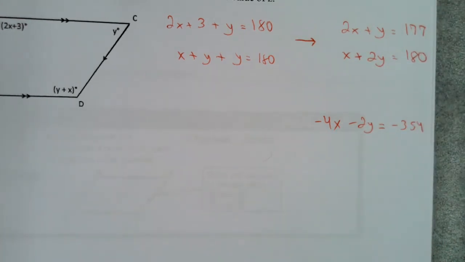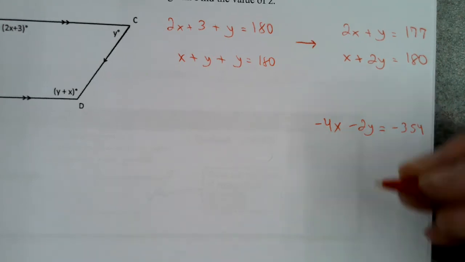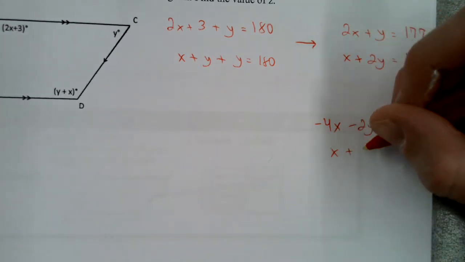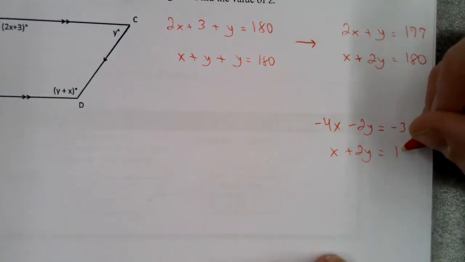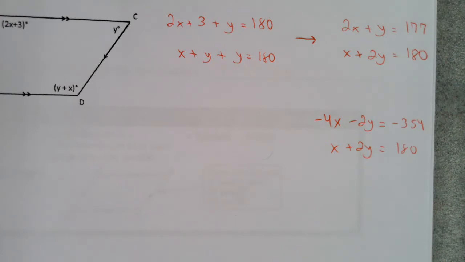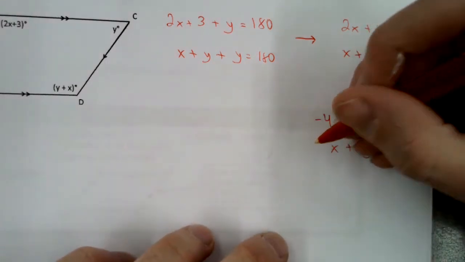I will leave the bottom equation alone, so that's just x plus 2y. Actually, I might be making this a little too hard. There's more than one way to do it, of course. But when I add these together, I get.